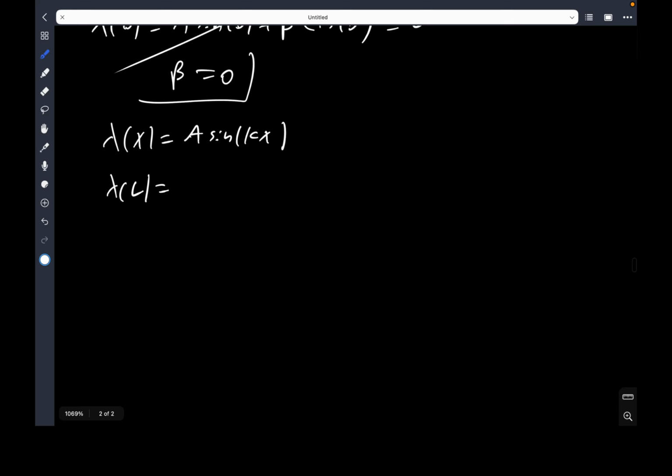Lambda of L is going to be A sine of KL, which is equal to 0.